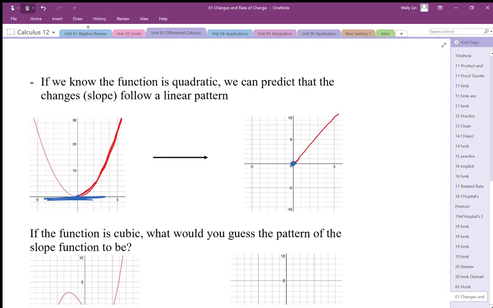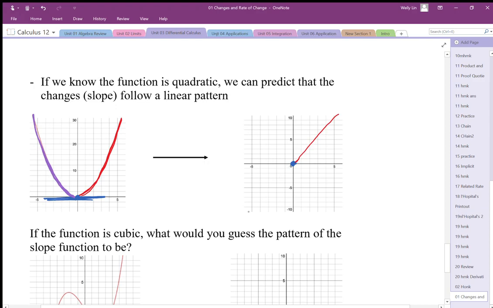Okay, it's going to increase linearly. And if we take a look at this section here, this section of the graph is negative slope, so the slope values are down here, and it is continuous and smooth. We don't really know how it changes, but we know the y values change linearly, so we can make the guess that this slope is changing in a straight line pattern as well.